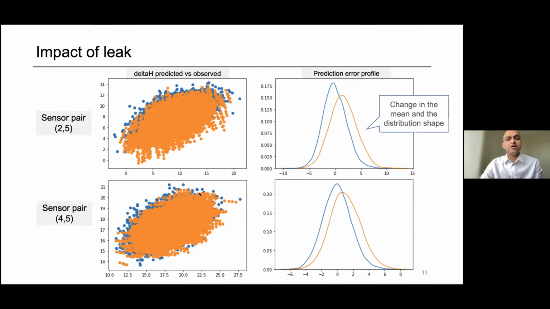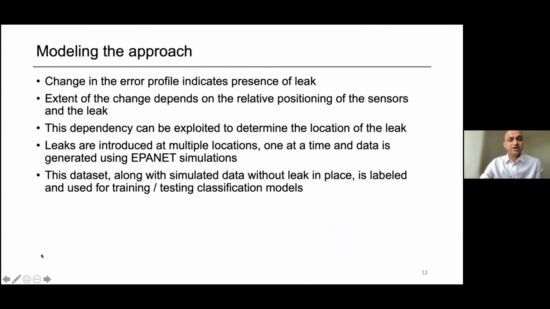We also see that the impact on one sensor pair versus another sensor pair is different for the same leak. So these ideas are basically the driving ideas, where we say that a change in the error profile indicates presence of an anomaly.